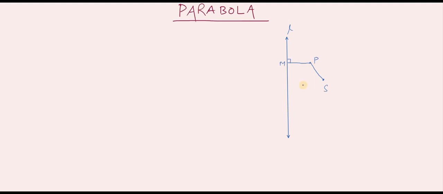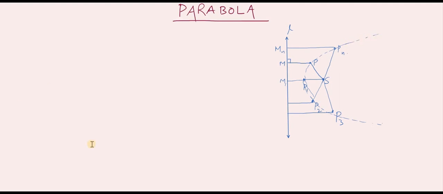For different positions of P, moving from here to here, these are the positions of the moving point P, P1, P2, P3, and it's moving in such a way that its distances from the fixed straight line and that fixed point S are always equal. The curve we will get will be something like this, and this curve is called a parabola.